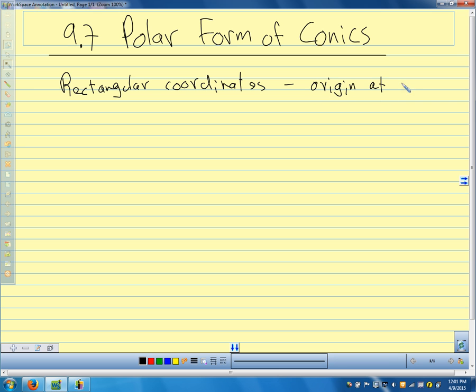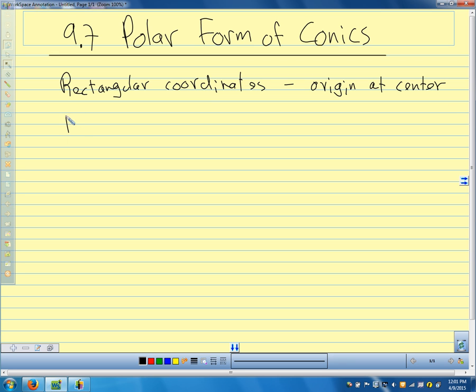And that makes our equations work out nicely because the h and the k turn out to be 0. So if we have some kind of physical problem that's described by a conic section and we can choose where to put our coordinate system, usually we're going to put the origin at the center.